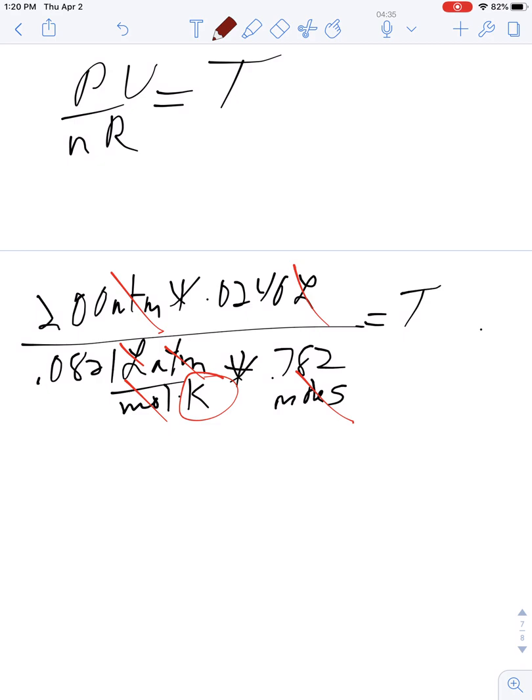So this temperature is going to be pretty darn cold because I came up with a temperature of 0.0747 Kelvin.